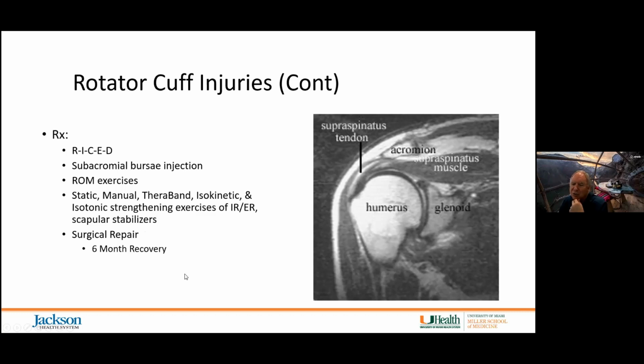If you're going to have surgical repair of the rotator cuff tendon, you need to recognize the person is going to require approximately a 6-month recovery, which means that they're not going to be able to use their usual transfer techniques or wheelchair propulsion. So these folks are going to necessarily require a power chair, and a power chair with tilt capacity, during the time that they're healing from the surgery, or they will likely develop pressure injuries, et cetera, as we go through this.